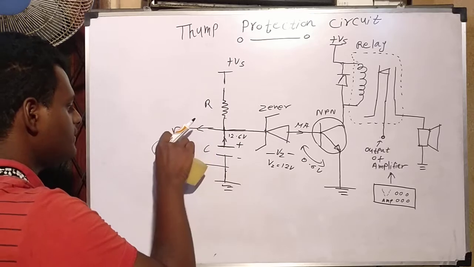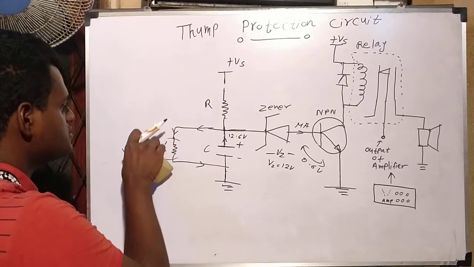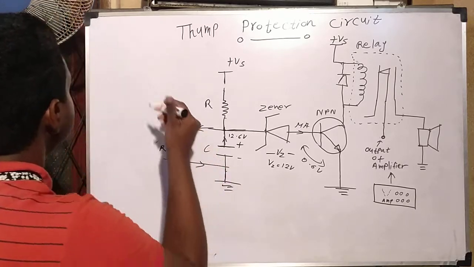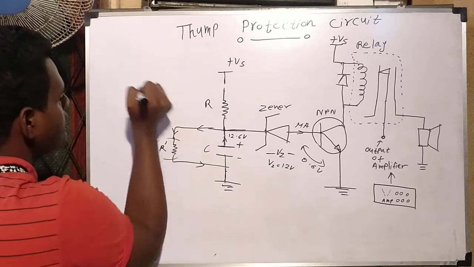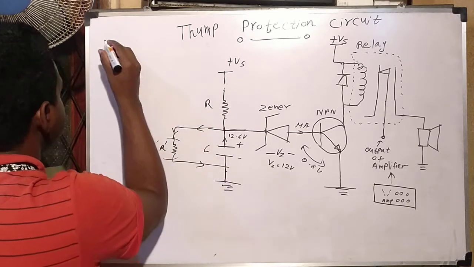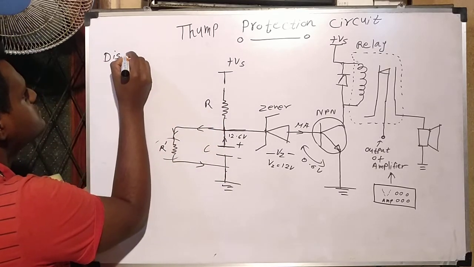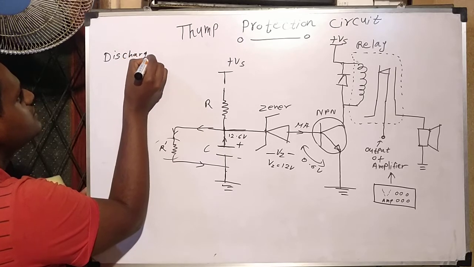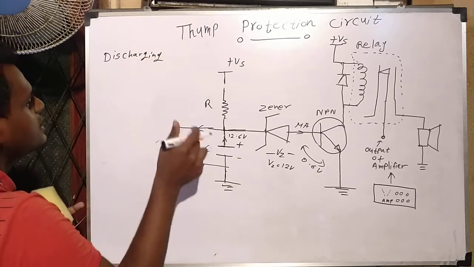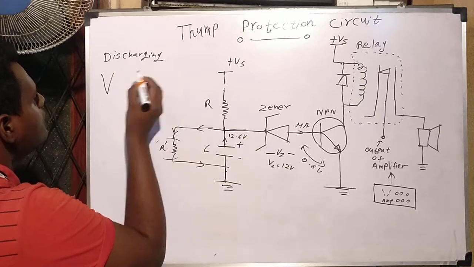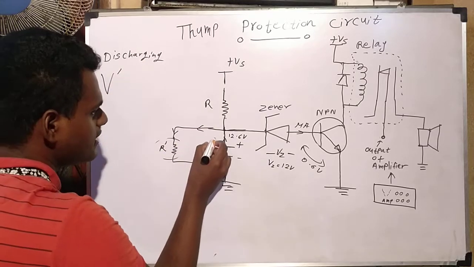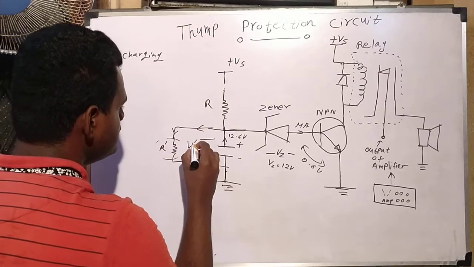In capacitor discharging, there is an equation. In the capacitor equation, we can rewrite the discharging equation. What is the equation? In here I take that voltage as V dash.